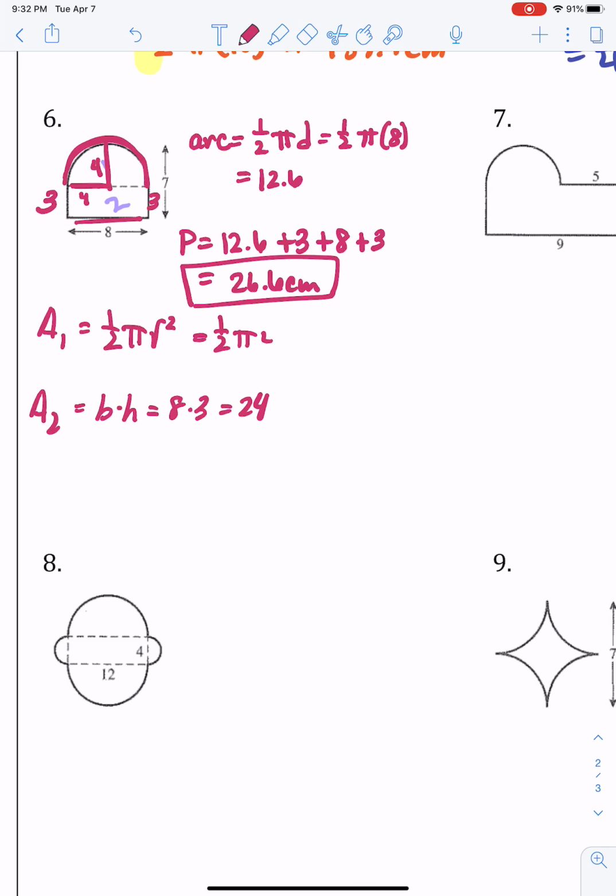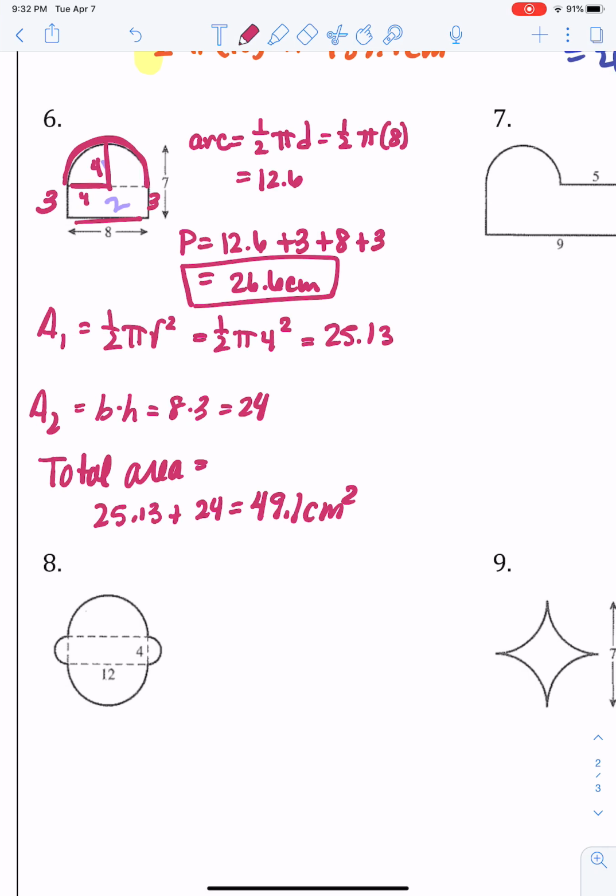Half pi 4 squared, which is 25.13. So that our total area is 25.13 plus 24, which is 49.1 centimeters squared. Not hard, just time consuming.